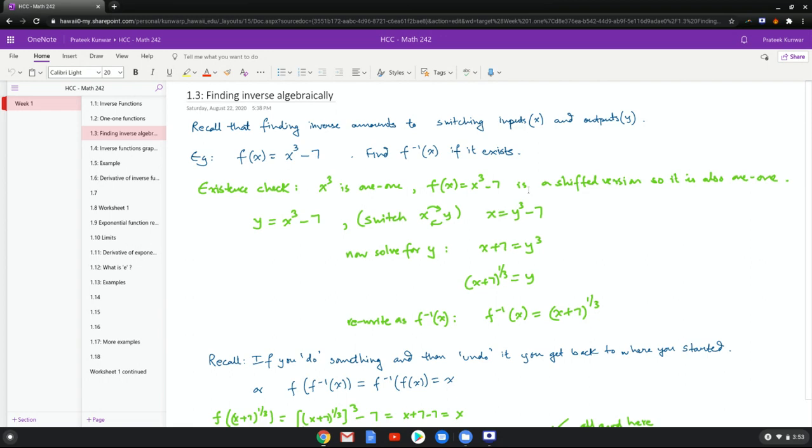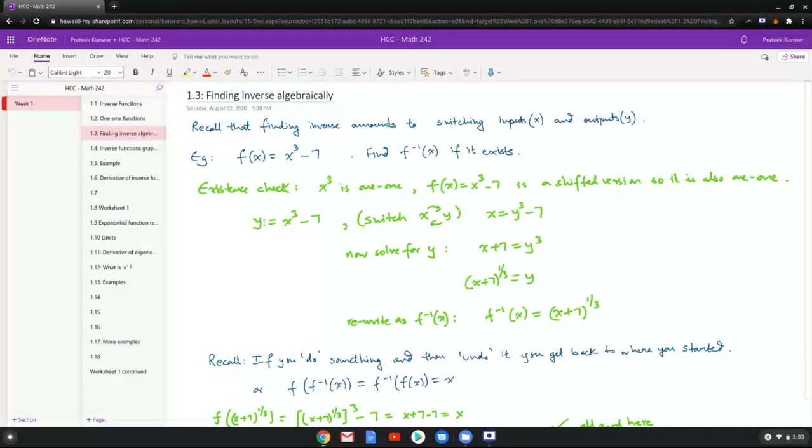Perhaps it would be nice to pause the video here and draw a graph of x cubed minus 7 so you remember how the transformations work. You have to figure out if it's moving up, down, left, or right. Anyway, it's also 1-1.